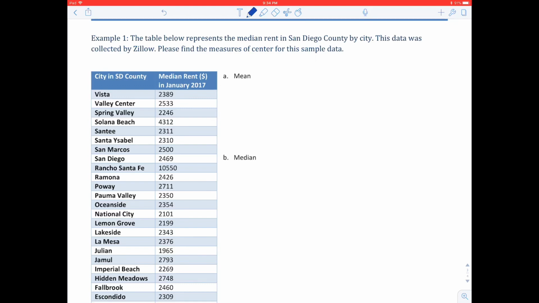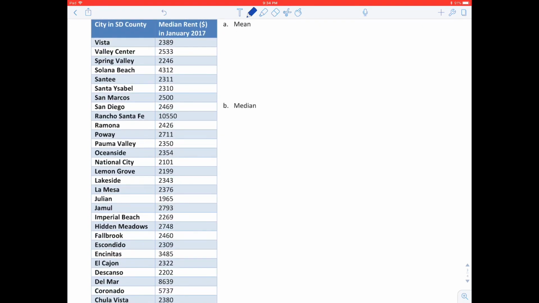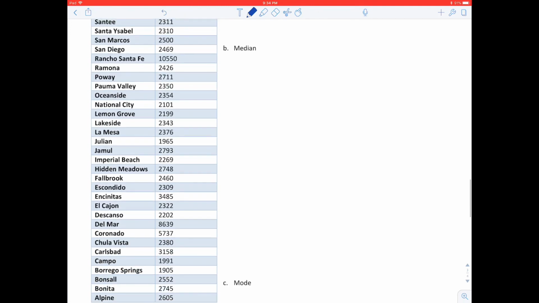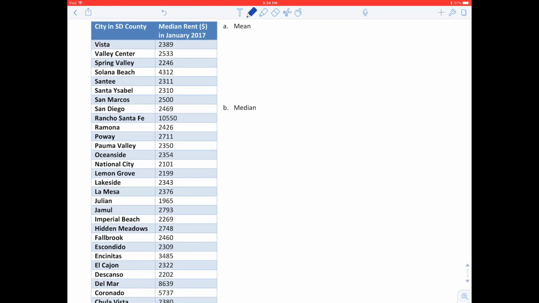Well, add them all up, and then divide by how many? So 1, 2, 3, 4, 5, 6. Actually, if you keep counting, you'll get a total of 35, I think. So why don't you go ahead, pause the movie, and see if you get the same mean as I do.